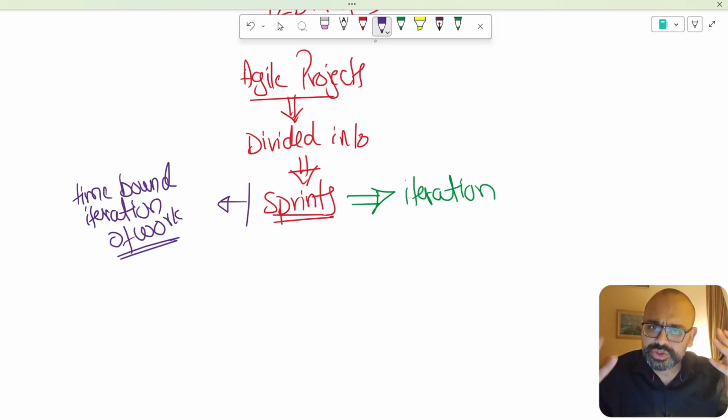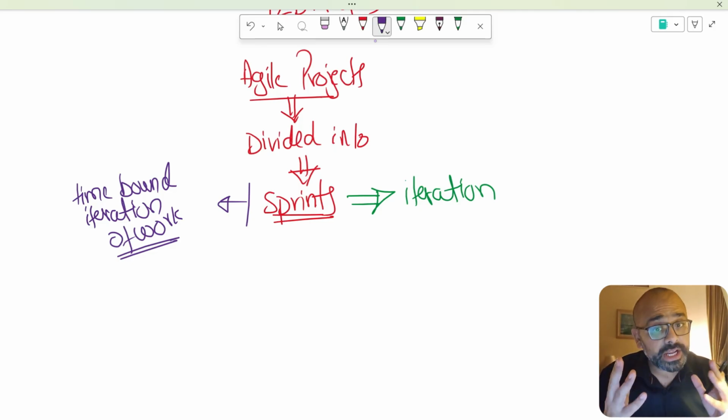Now, how to visualize this thing? Very simple. In your daily project life, in your work environment, you have a weekly meeting, or let us say a fortnightly meeting after 15 days. What do you do in that meeting?